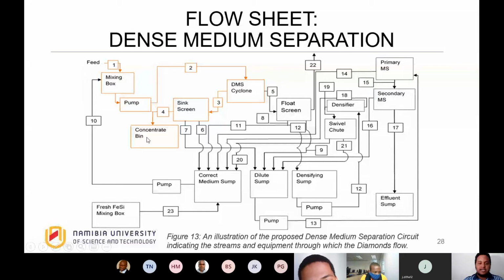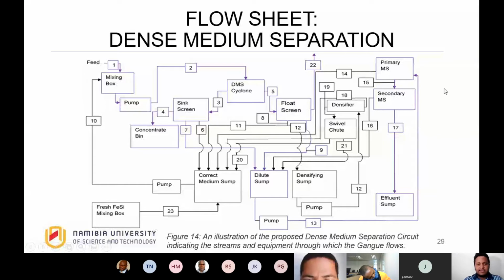On this flow sheet, the purple indicates the flow of your gangue material. Once again, it enters your mixing box, which is the main source of gangue in your process, and then goes to the DMS cyclone. However, due to the not 100% efficiency of your DMS cyclone, you have separation of your gangue from the DMS cyclone, in which most of your material goes to your float screen and some goes to your concentrate bin.